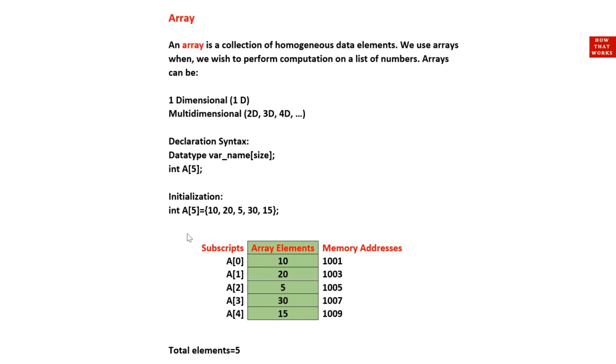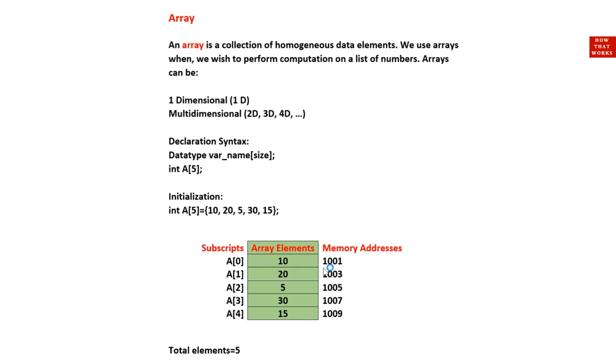Now if we talk about the memory representation of these array values, they are stored in consecutive memory locations, one after the other. These are array elements. The first value is 10, then 20, then 5, then 30 and 15. Their memory addresses are assumed addresses of RAM.